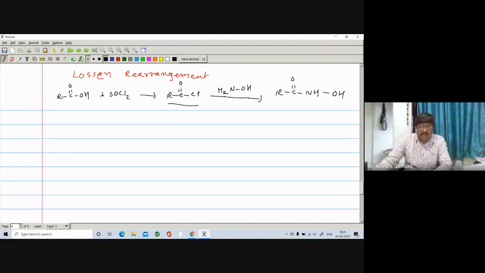So one of the H will be removed from here. So this Cl and this H, there is a removal of HCl, and you are getting such type of compound. And what is the name of this compound? It is called hydroxamic acid.